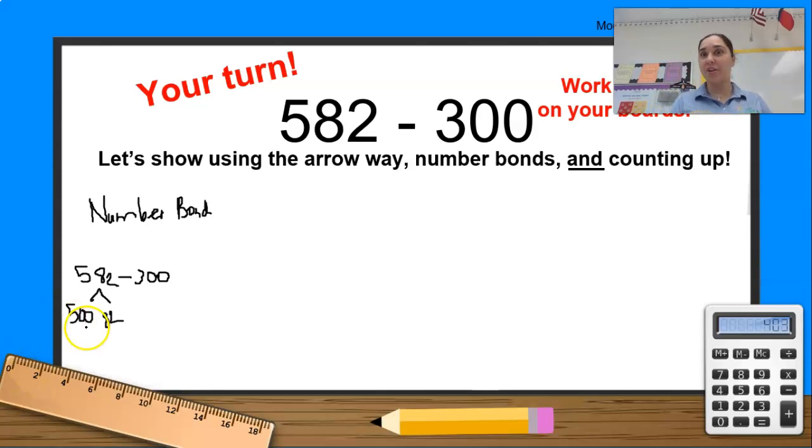Now, what should I do? Yeah, I'm going to subtract 500 minus 300. I subtract the hundreds. 500 minus 300 equals 200.